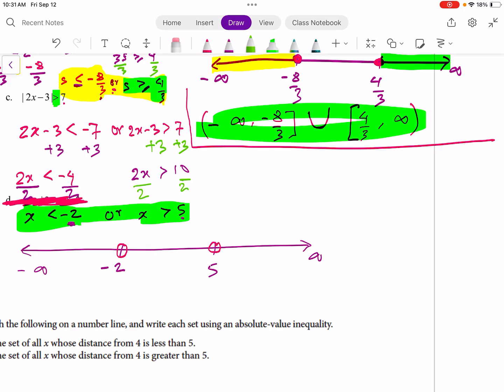Let me call these the first part, second part, third part. Now where do we find a number x which is less than -2? On which part do we find a number less than -2? It's on the first part, everything on the left of -2. So this is the first part of the solution.